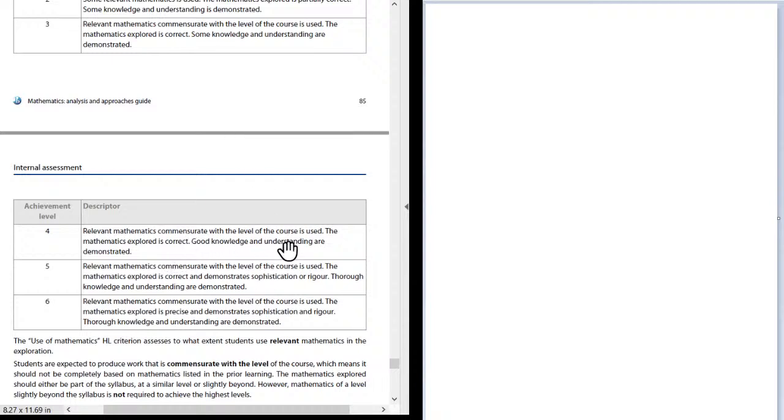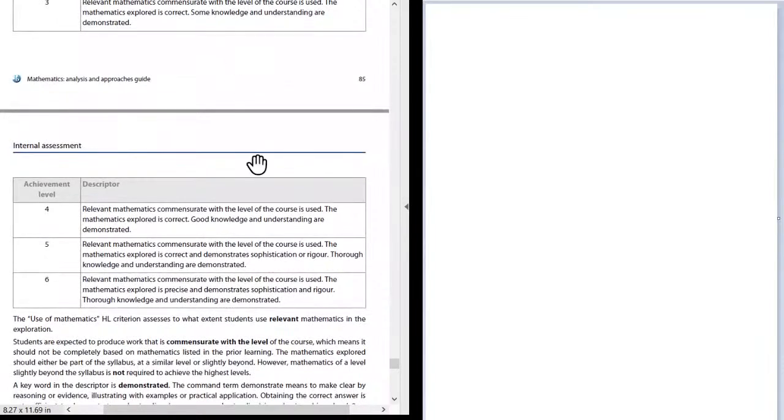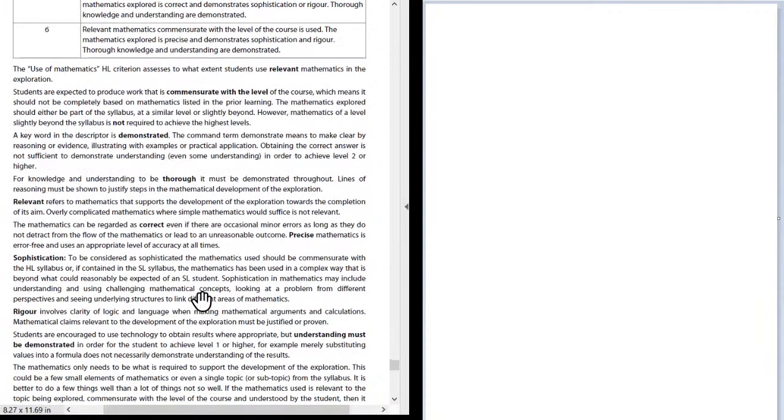Good knowledge and understanding. So this is a lower standard than the SL level 6. SL level 6 says thorough knowledge and understanding, and it says the mathematics explored is precise.